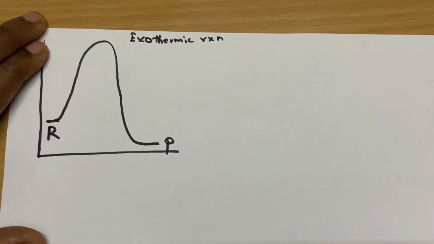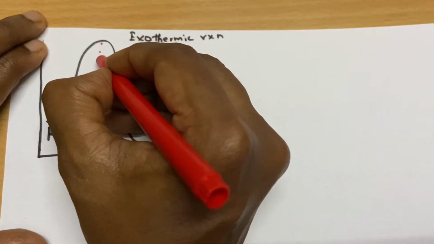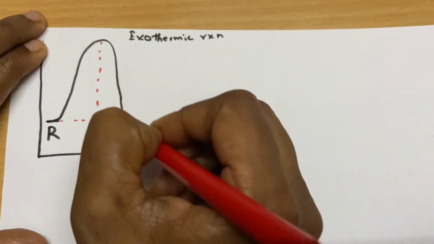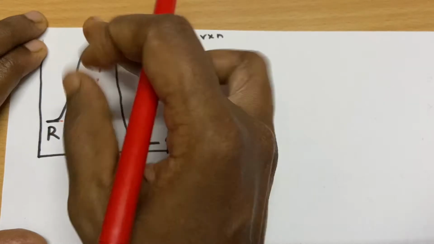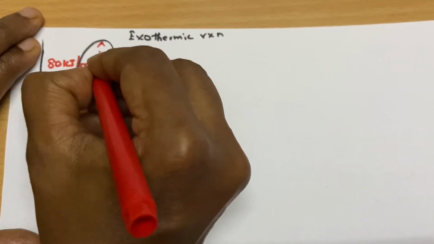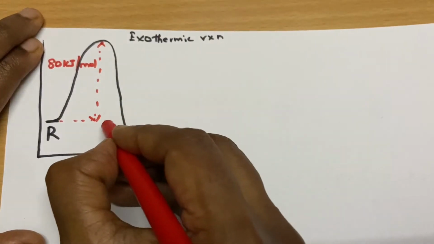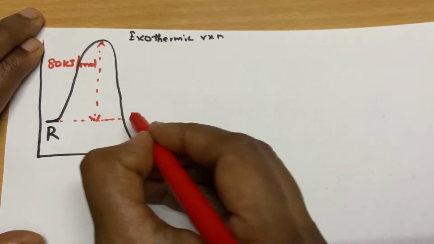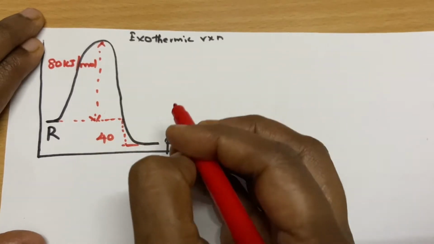So what data did we get from here? See, for this reaction to occur, it has to cross an activation energy, which is the total energy length, and this is the activation energy of the forward reaction. And we also got that this is 40. How did I get it? Because this much energy is released.